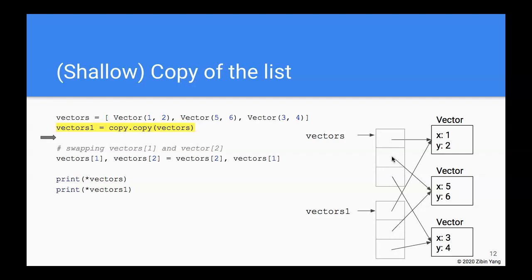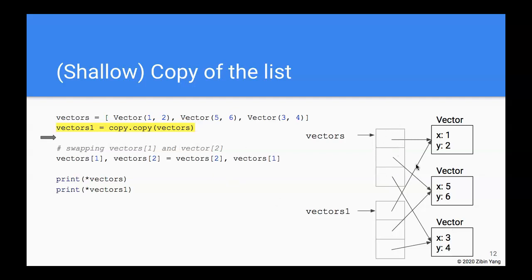So vectors index 1 points to the same vector as vectors 1 index 1 points to, and same thing for 2, etc. Okay, so that's what the shallow copy is.